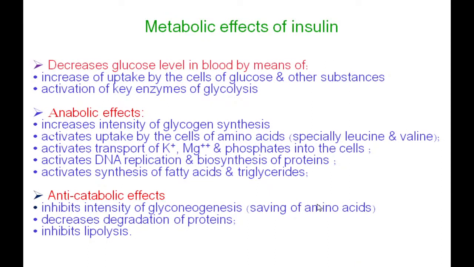What are the metabolic effects of insulin? The second part of the mechanism is activation of metabolic processes inside the cells happening to glucose. So, the action of insulin: it decreases glucose level in blood.